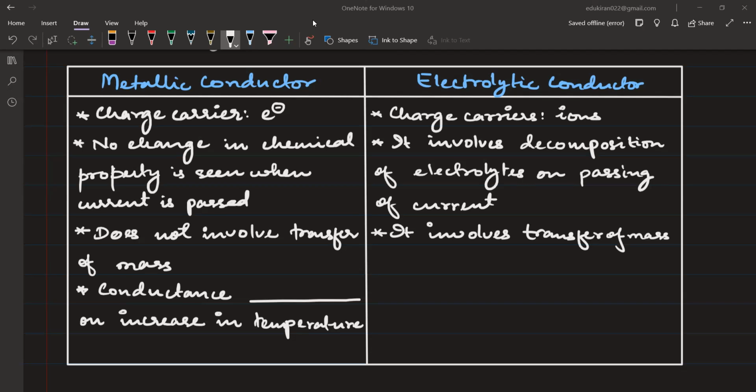In a metallic conductor, what happens when I increase the temperature? Does conductance increase or decrease?